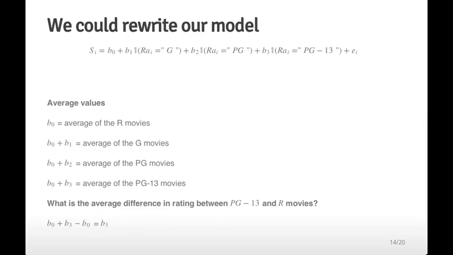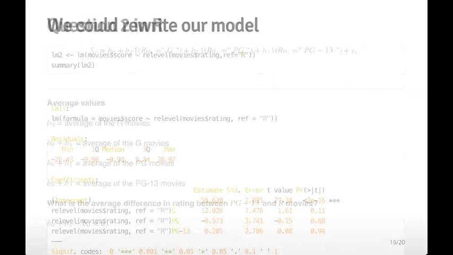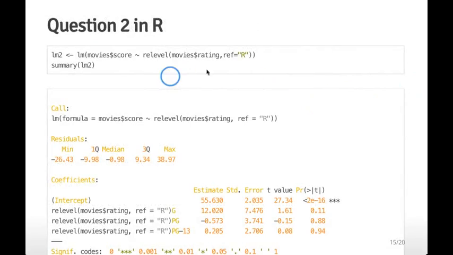The only problem is we need to get R to recognize that we've made this switch, where the intercept term is equal to the average score in the R movies. The way you do that is you fit the same linear model as before, with the factor term for movie rating, and you tell R what the reference category is. The reference category is the category that's used as the intercept term. In this case, we tell it that R is the reference category, and we do our summary.